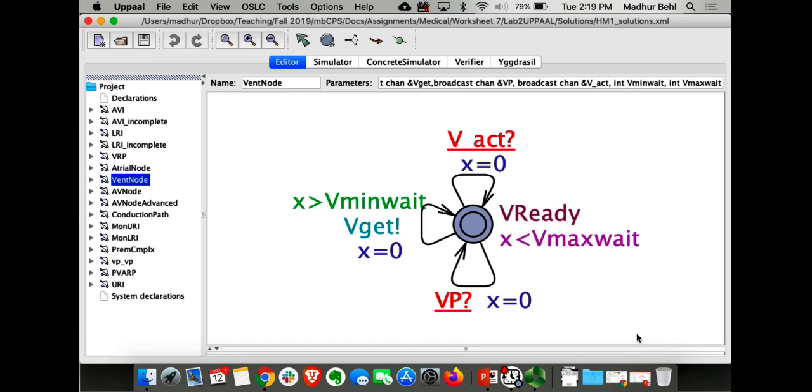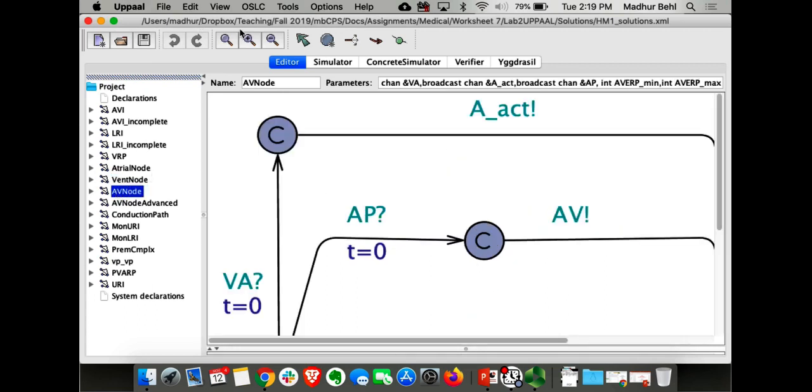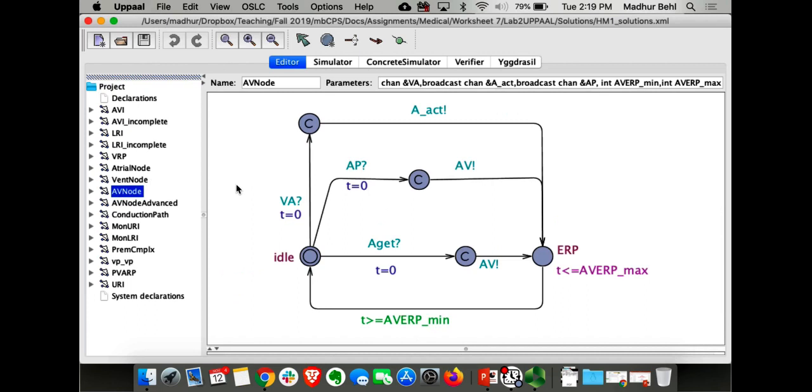So even though we think that all nodes are similar, when I show you the AV node, this is what is going to respect the ERP properties of the atria in some sense. Okay, so let me show you what I mean by that. And this is my implementation of the atrioventricular node in Uppaal. So once again, on first glance, it's like, what is going on, right?